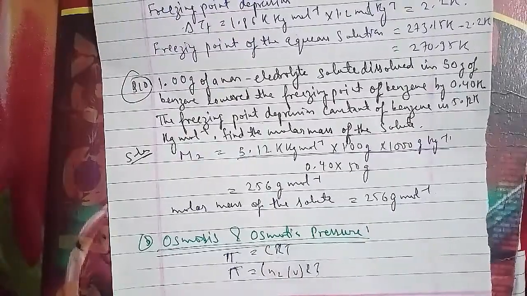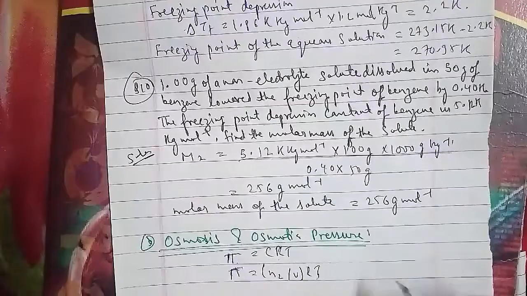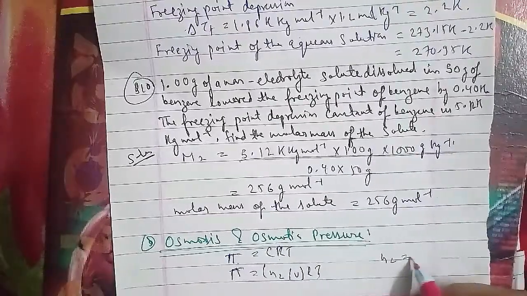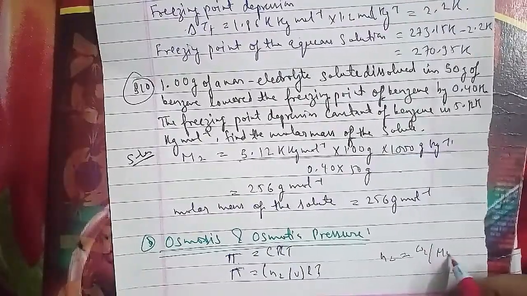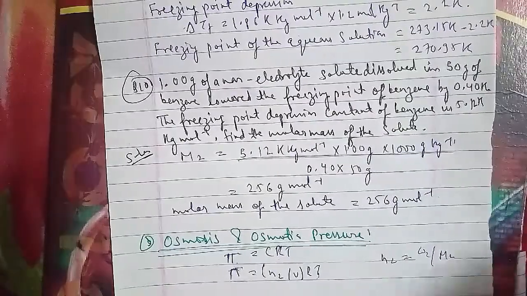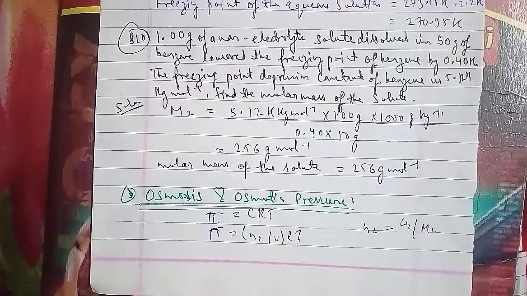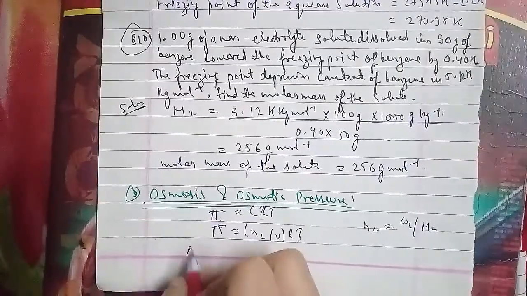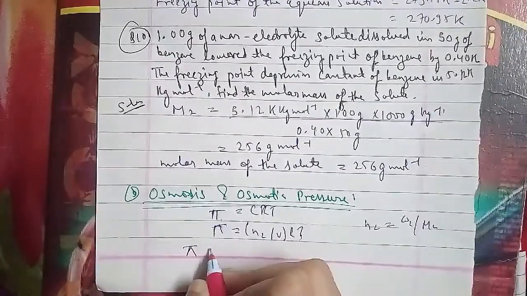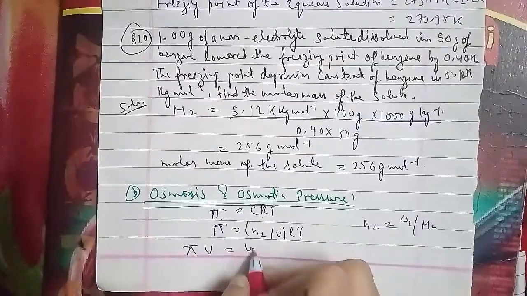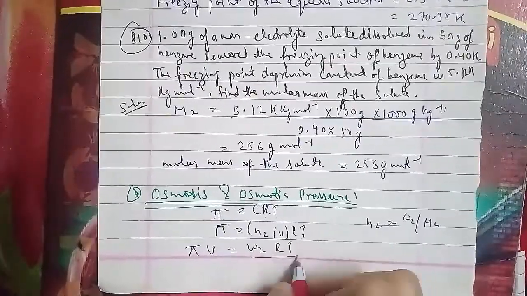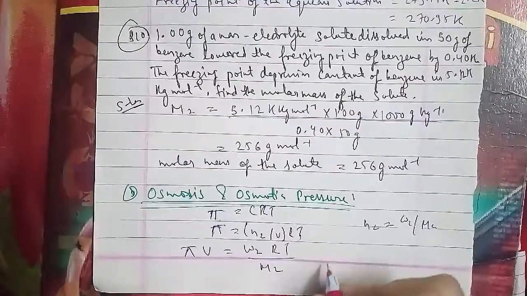Now, knowing the quantities w2, T, Π and V, we can calculate the molar mass of the solute. The measurement of osmotic pressure provides another method of determining the molar mass of a solute, and this method is widely used in determining molar masses of proteins, polymers and other macromolecules.